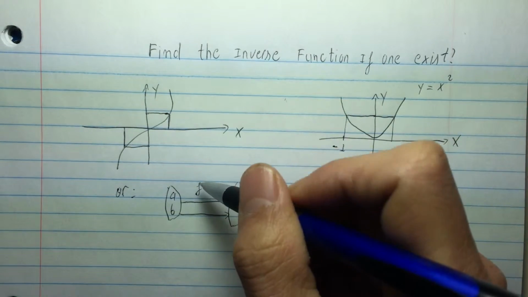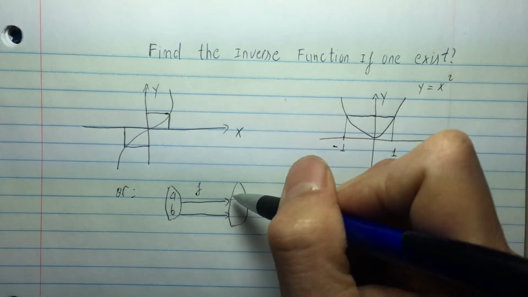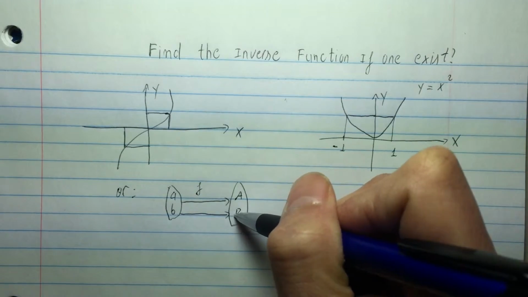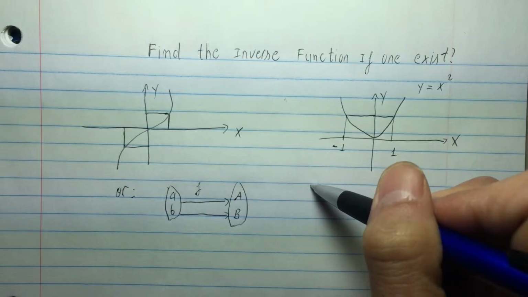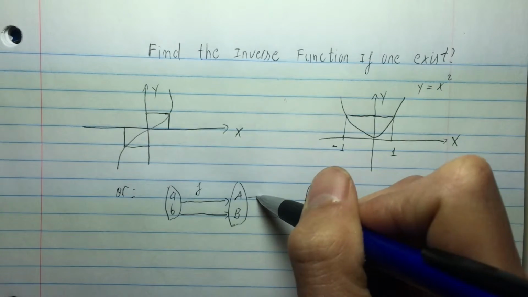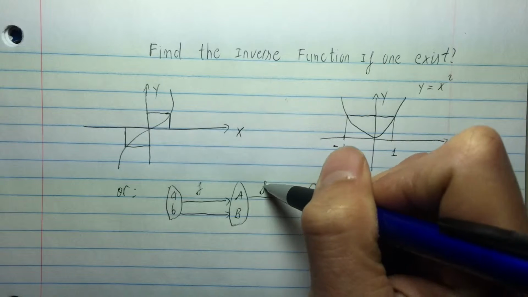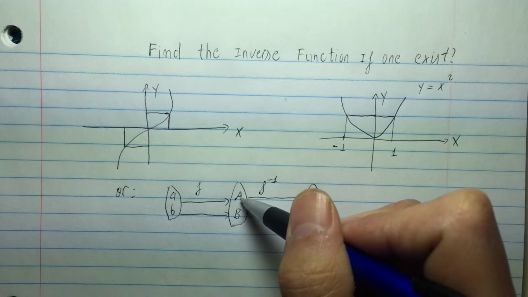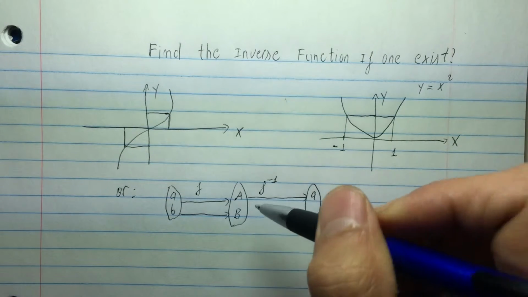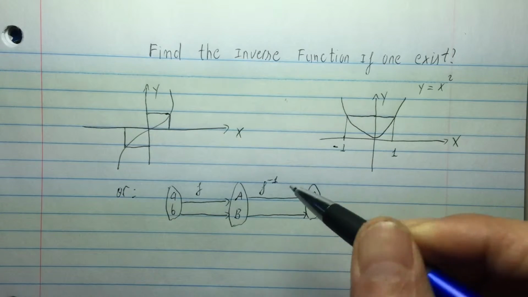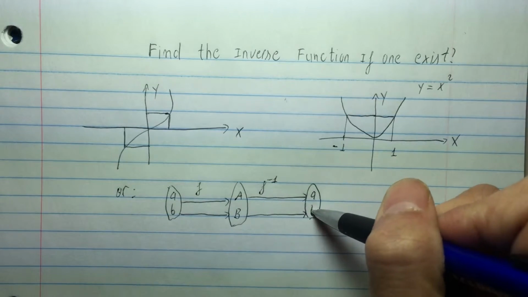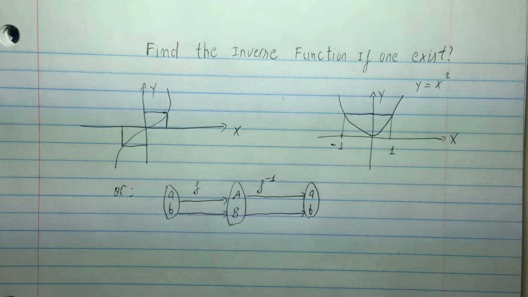The value of f(a) equals capital A. The value of f(b) equals capital B. And then you take the inverse: the inverse at value capital A equals a, or the inverse at value capital B equals b. So it's the inverse function. I will do an example to show you what I'm talking about.